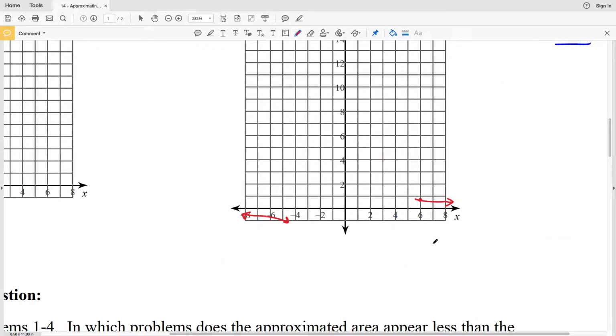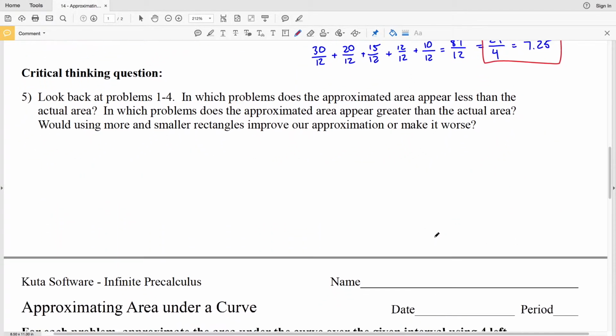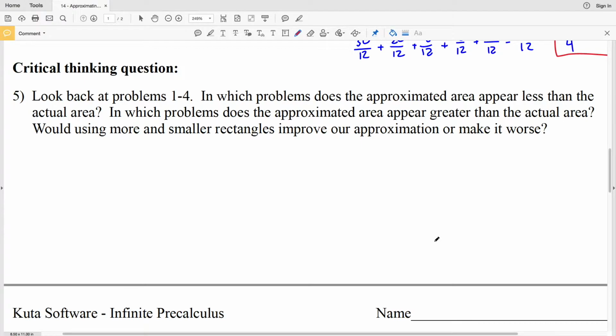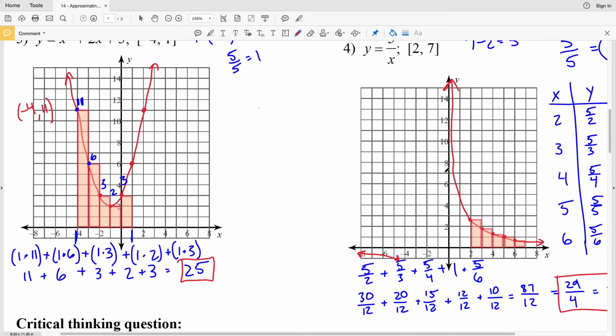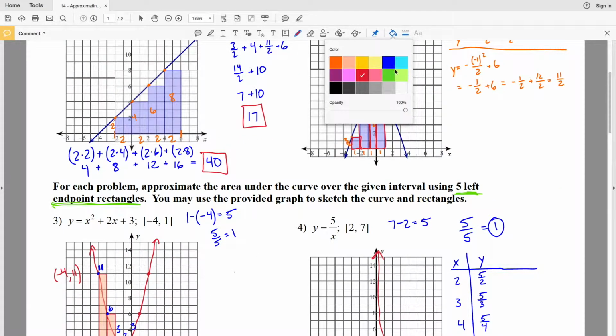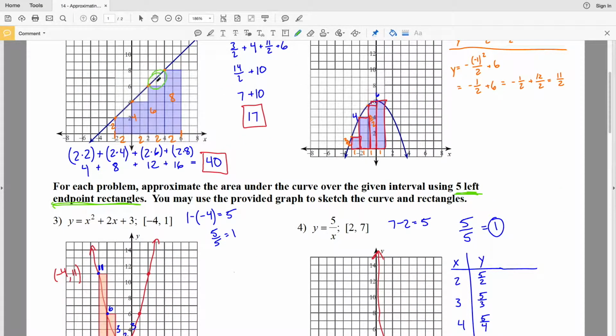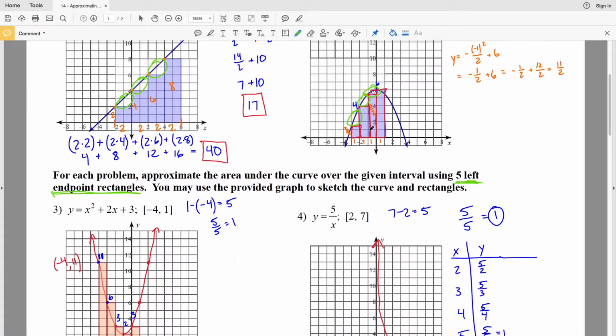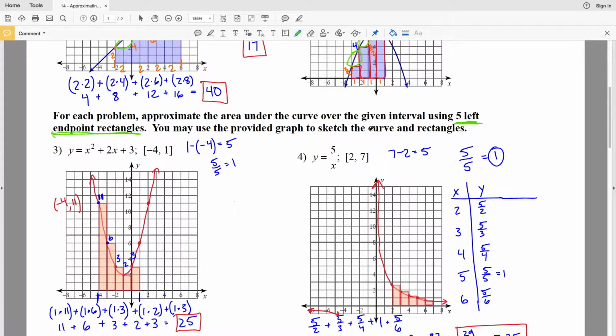Now lastly, onto our critical thinking question. It asks us to look back at problems 1 through 4. In which problems does the approximated area appear less than the actual area? So let's go back up. You can see that in both 1 and 2, we have giant gaps between our functions and the rectangles drawn, whereas in 3 and 4, those gaps are a lot smaller.